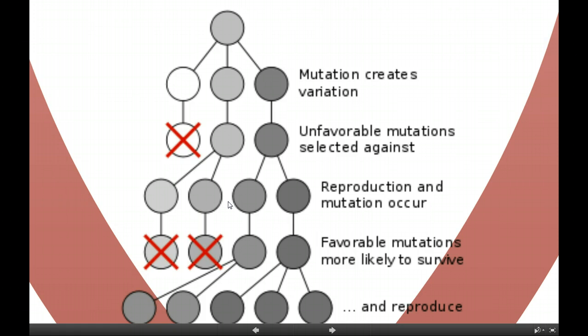But we know down here that the favorable mutations are more likely to survive. So even though the intermediate ones survive to the next generation, they are still being outcompeted in this environment by this darker colored circle, which represents some variation in the population, and it continues to reproduce.